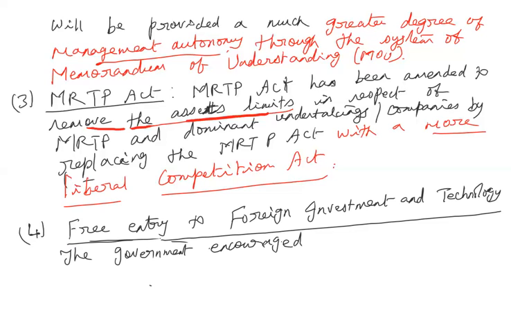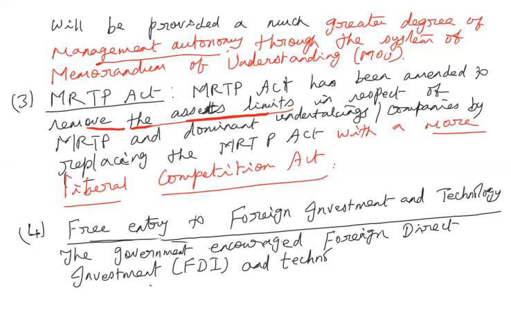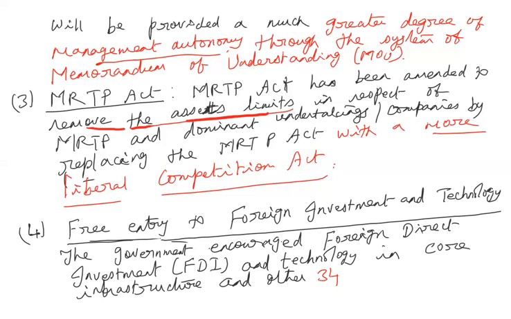So the government encouraged foreign direct investment, that is FDI, and technology in core, very main core infrastructure and other 34 high priority industries.